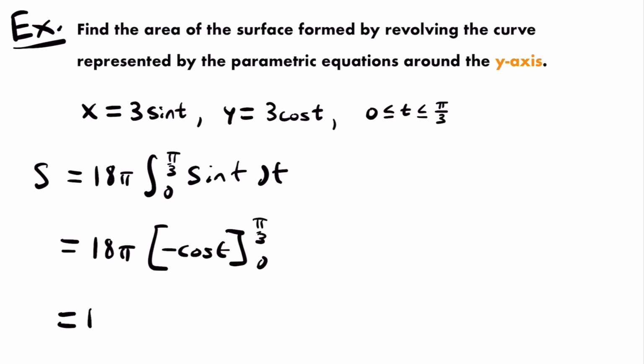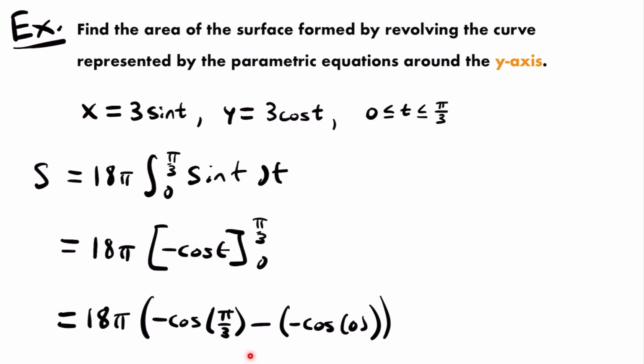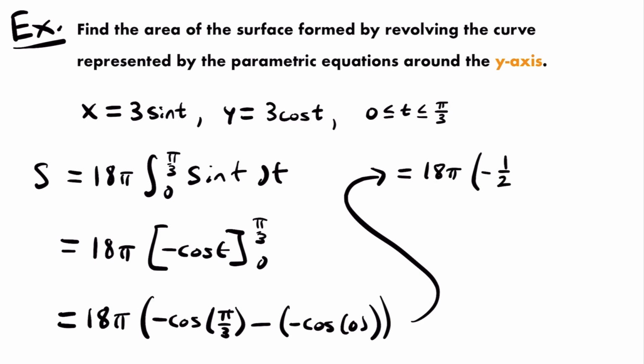So this will be equal to 18 pi times negative cosine of pi divided by 3 minus negative cosine of 0. All right, now cosine of pi divided by 3, that's equal to 1/2. So if we continue our work up here, this is equal to 18 pi times negative 1/2, right?